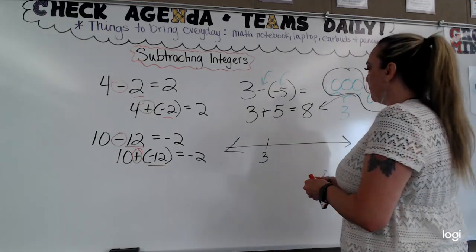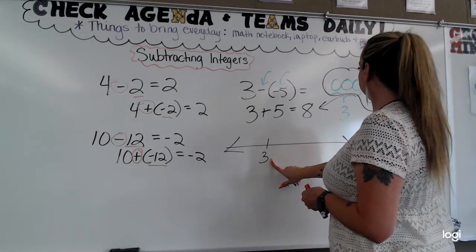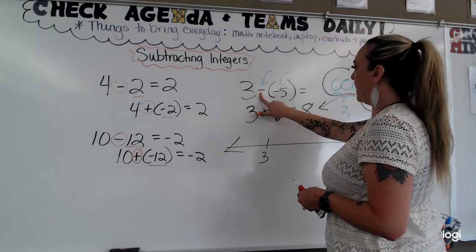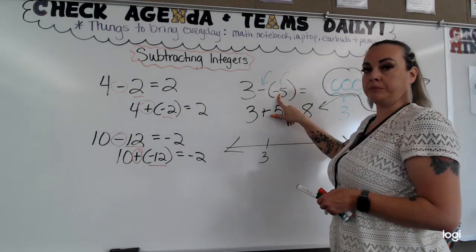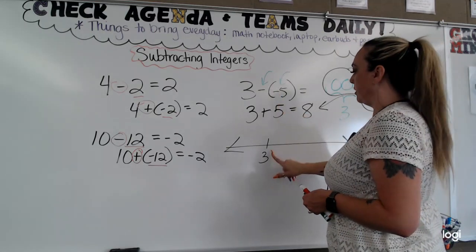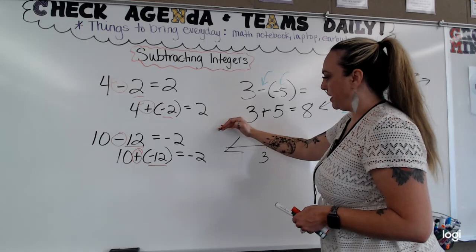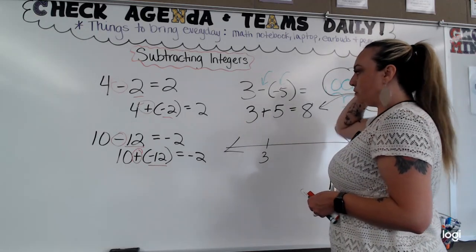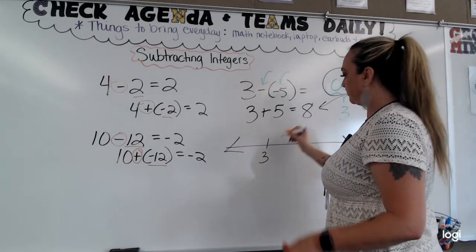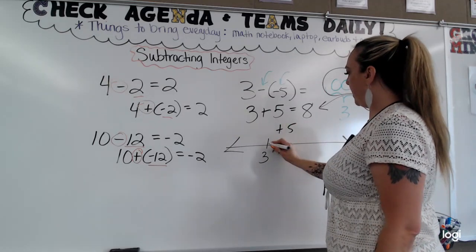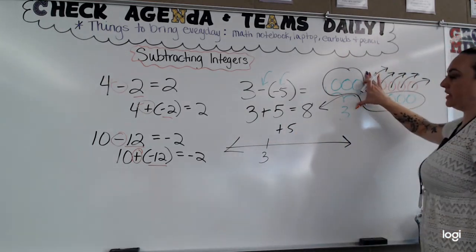Let's look back at the number line. I have 3. I can't take away negative 5 because, I mean, I can go back 5, but how do I take that away? So I need to rewrite this as addition, and that means I'm adding 5. And here's the model that makes sense for that.